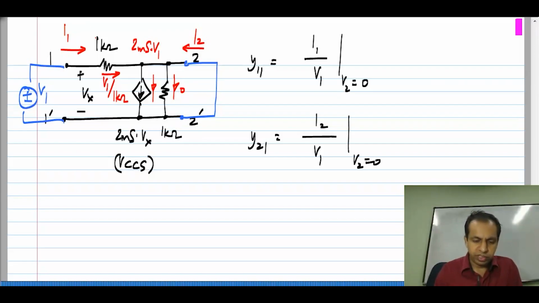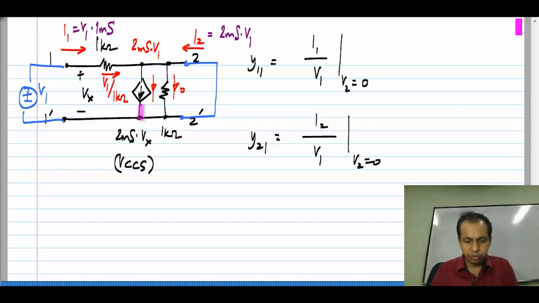So, firstly, this I1 simply equals this V1 divided by 1 kilo ohm, or V1 times 1 millisiemens, because 1 by 1 kilo ohm is 1 millisiemen, and this I2 is nothing but the current through the control source minus the current coming in from this resistor. Okay. And that happens to be 2 millisiemens times V1, that is what is going down into this, nothing is going here, minus the current V1 by 1 kilo ohm, which is minus 1 millisiemens times V1.